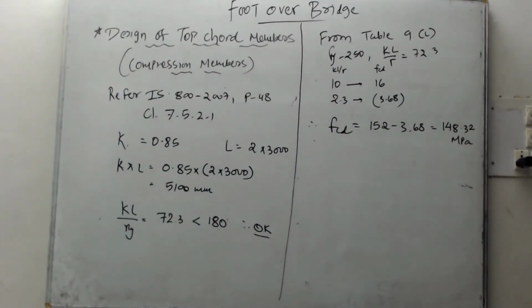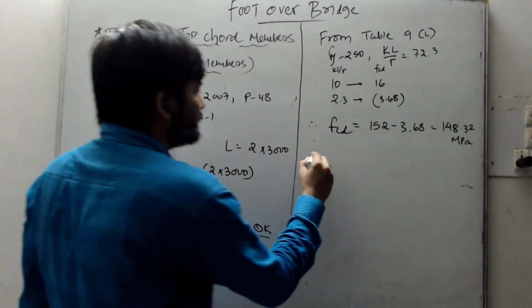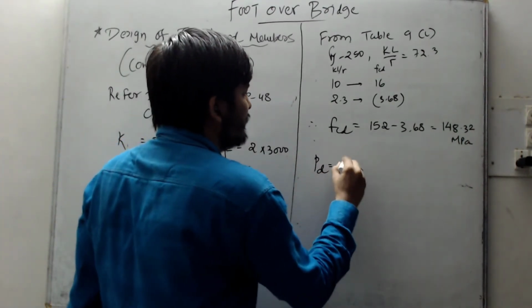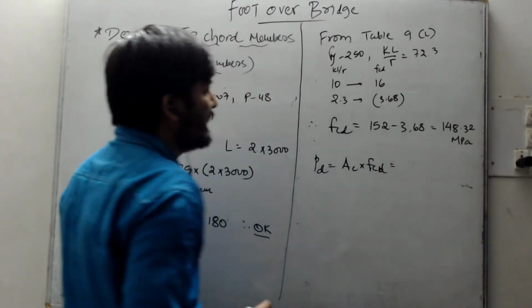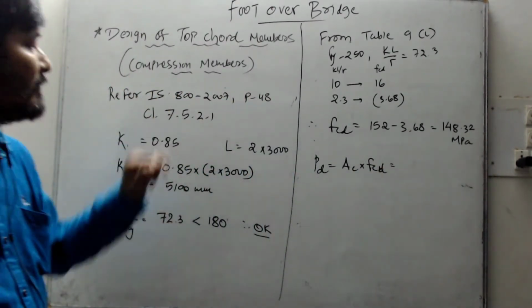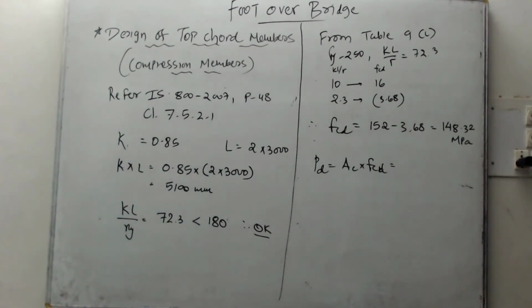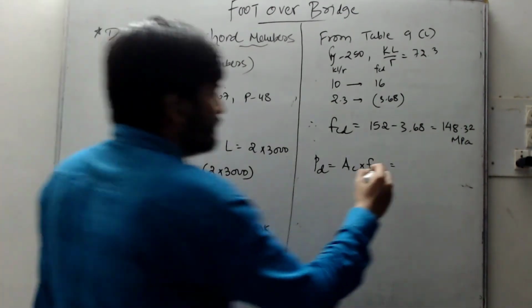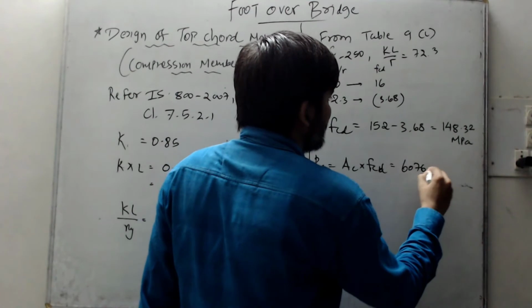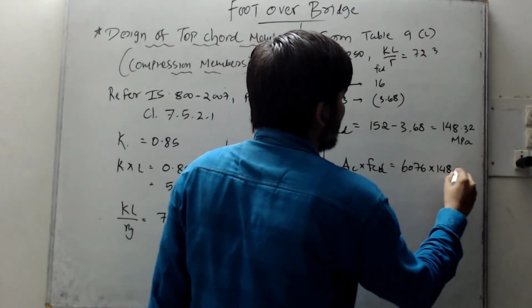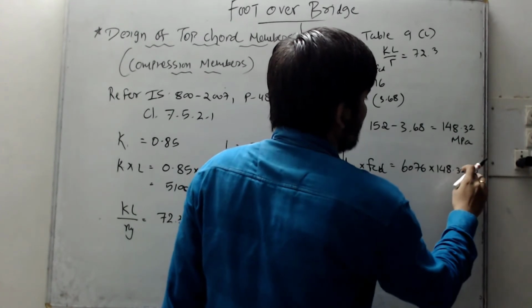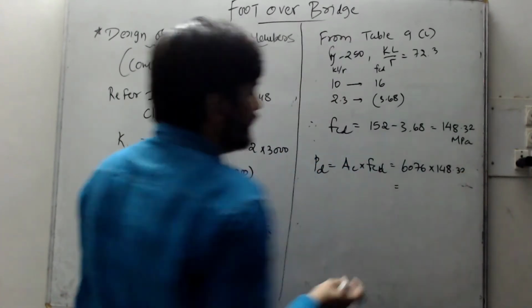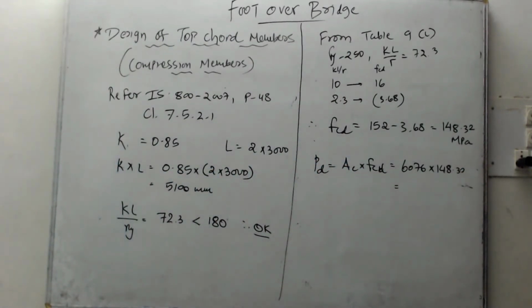So Pd is equal to Ae multiplied by fcd. Ae is the area of this double angle section. We got it as 6076 multiplied by 148.32. If you get this value, it will give us the total compression carrying capacity of the section.